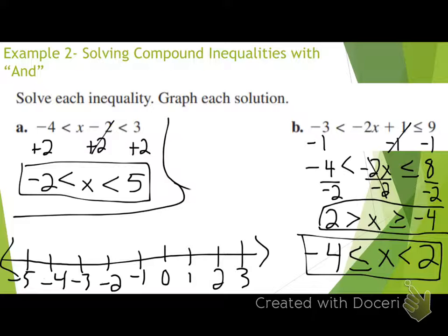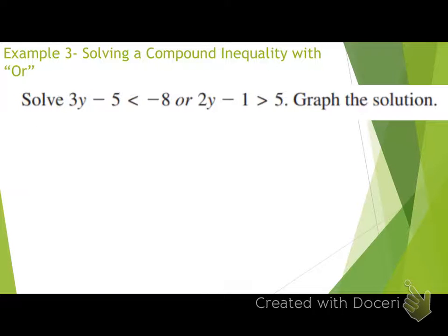Closed. Open or closed dot on 2? Open. Where am I shading? In the middle of the 2 points. Questions on letter B? How are you feeling about solving compound inequalities? Great. Can I move on to or?